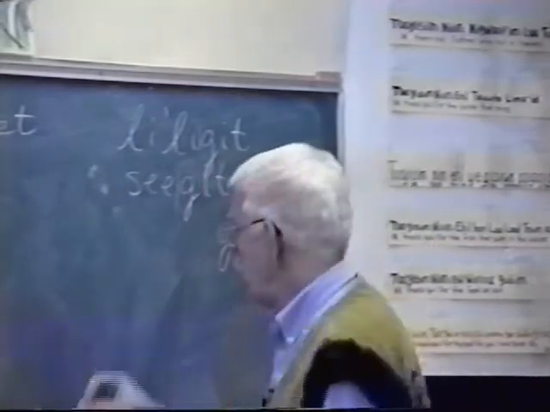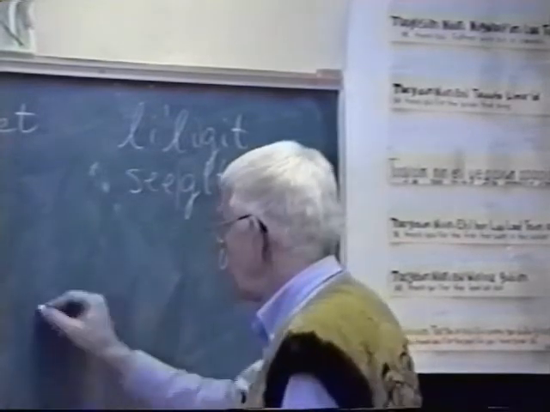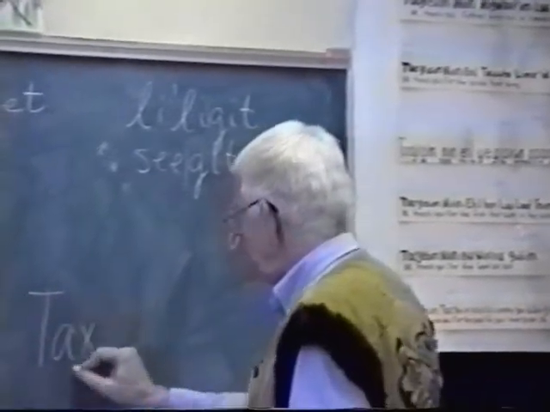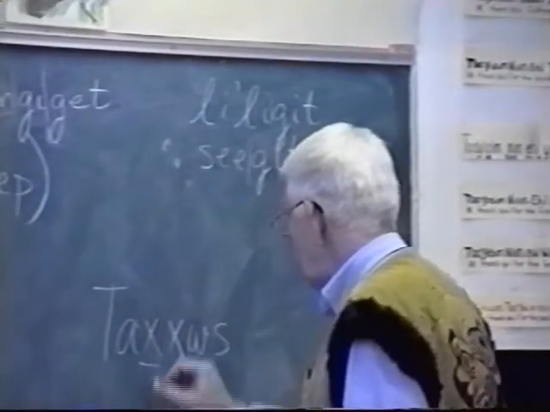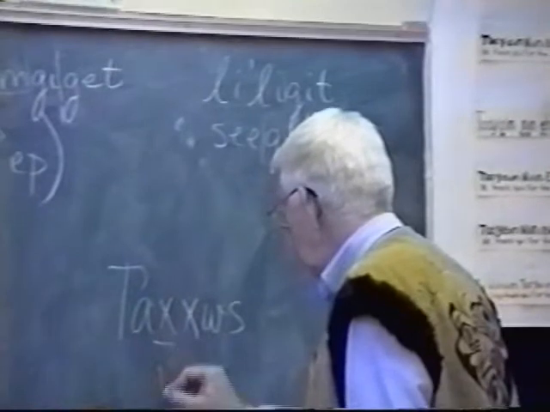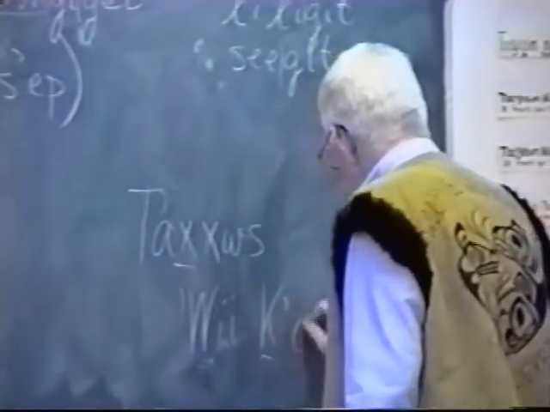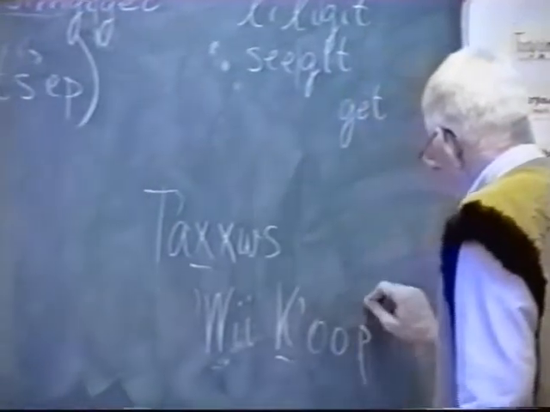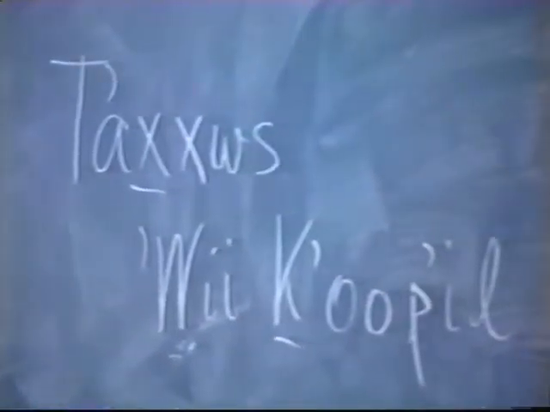I'll give you another example of that hard L. We were talking about Sealy Lake the other day, and its name is Tachs, hard T. We koppel, Tachs, we koppel.